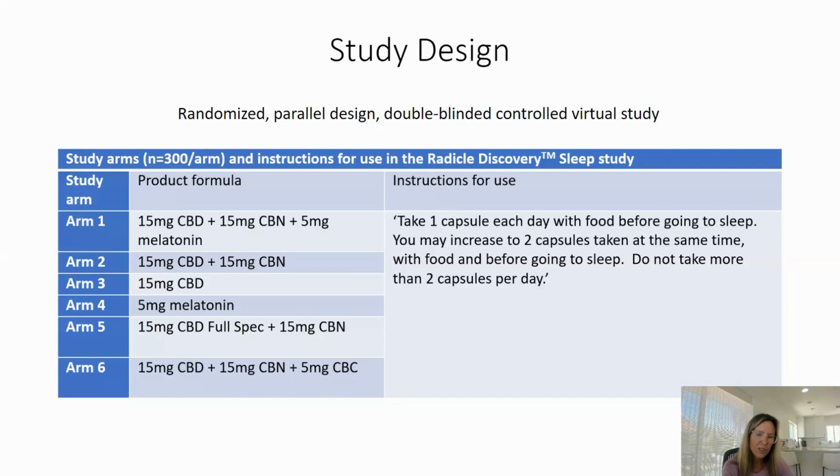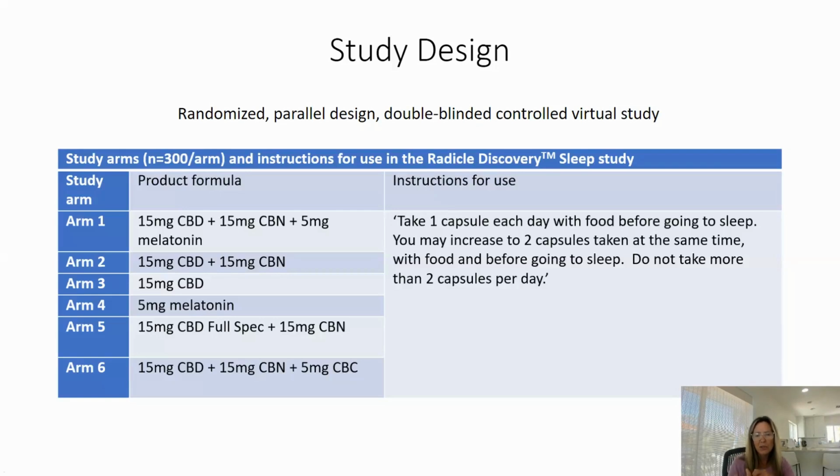Arm 4 was our melatonin only with 5 milligrams of melatonin. Arm 5 had 15 milligrams of CBD full spectrum and 15 milligrams of CBN. And Arm 6 had 15 milligrams of CBD, 15 milligrams of CBN, and 5 milligrams of CBC. So there was no placebo. This wasn't a placebo trial. This was a comparison of the 6 different formulations.